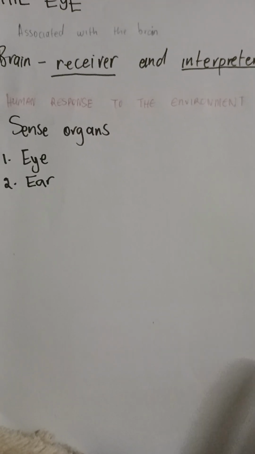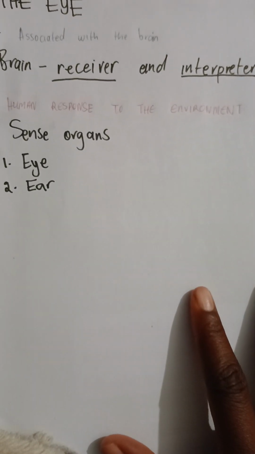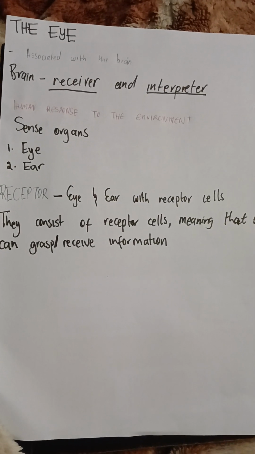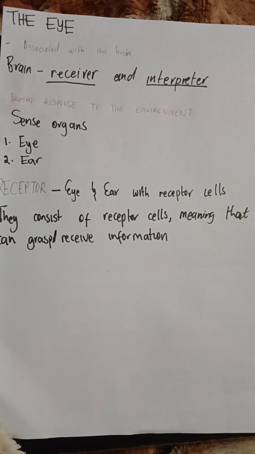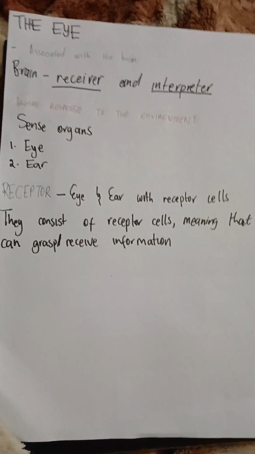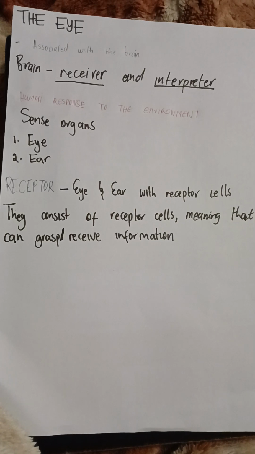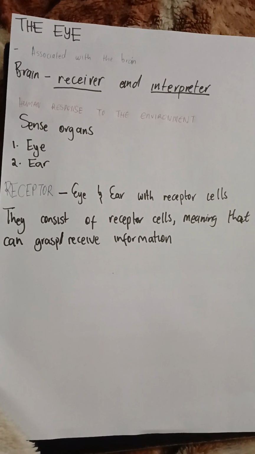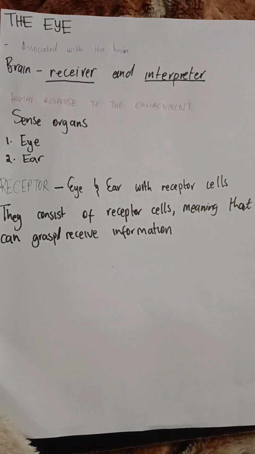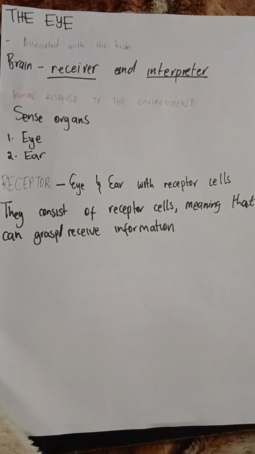We call these sense organs because they are able to sense. As we were speaking about these sense organs, sorry for saying sex organs. These sense organs are receptors because, as I mentioned, we feel something, we sense something, and we respond to something.